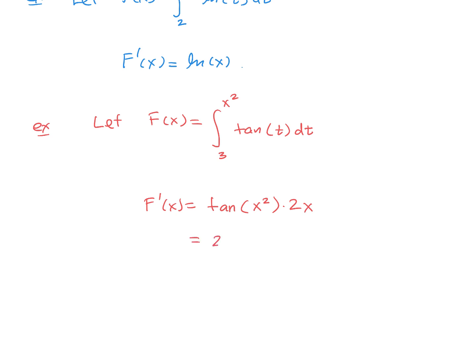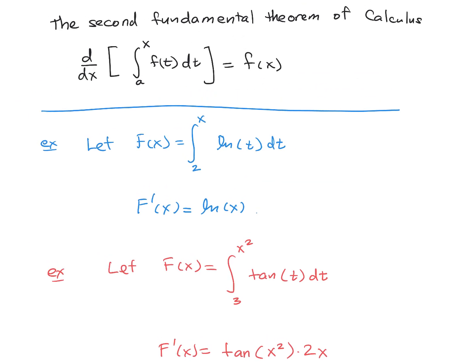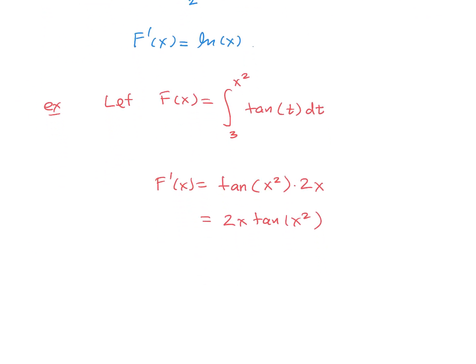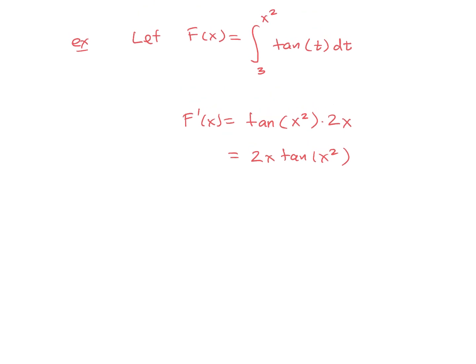So our derivative is just 2x times the tangent of x squared, and that is it. You will notice that we don't do anything whatsoever with the constant 3 in the integral because its derivative is 0, and it never shows up as part of our definition up here either. It just disappears upon differentiation because it's a constant.